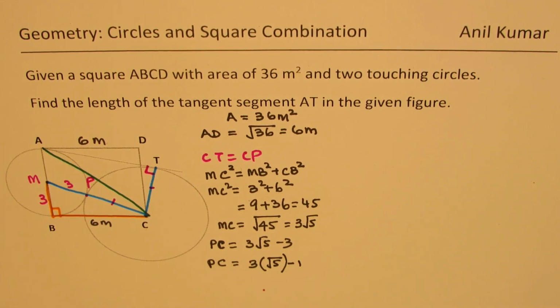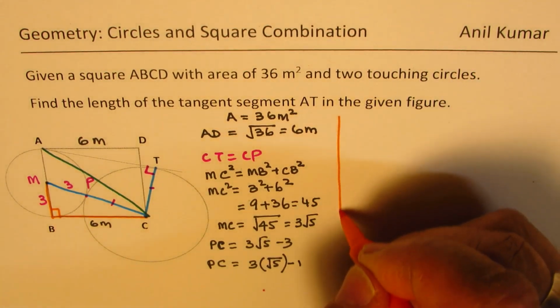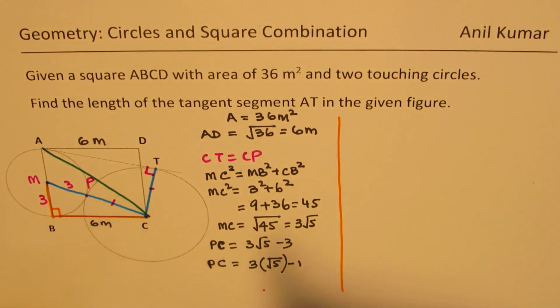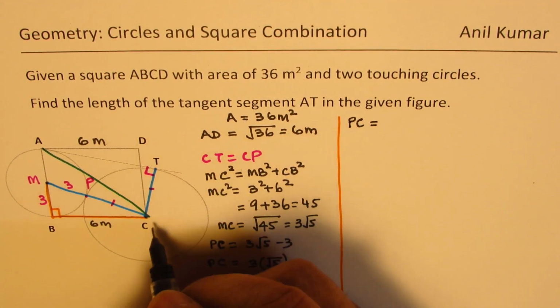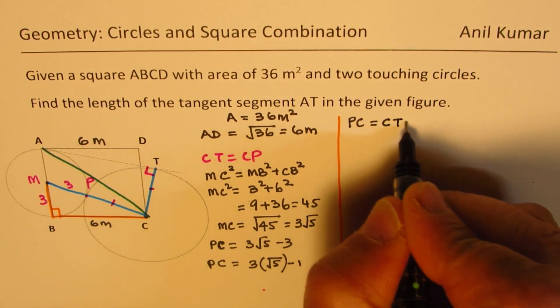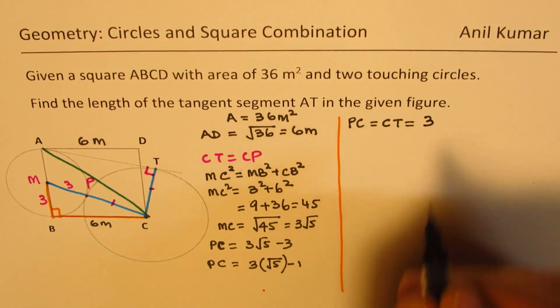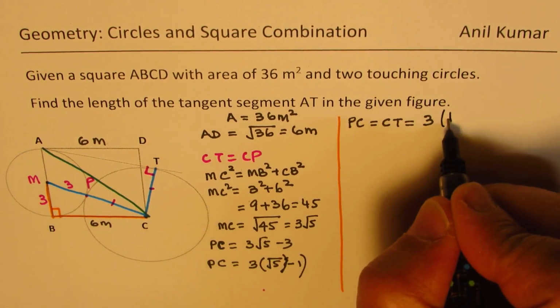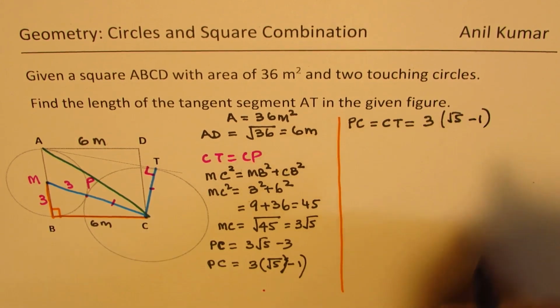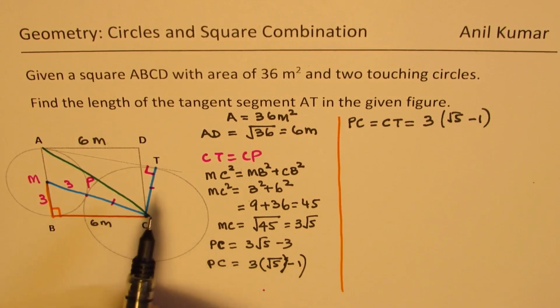So that becomes the length PC. Now, we know what PC is. So PC is actually equals to CT also, and that length is 3 times square root 5 minus 1, correct?